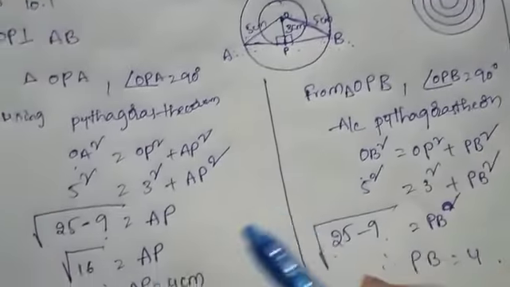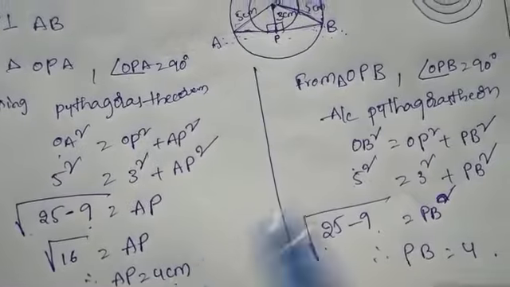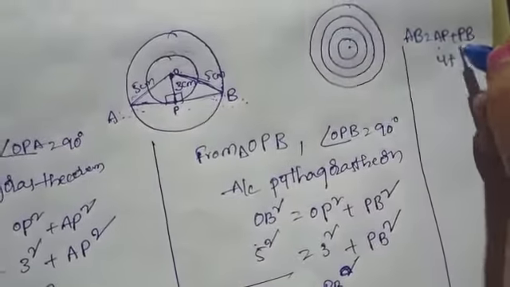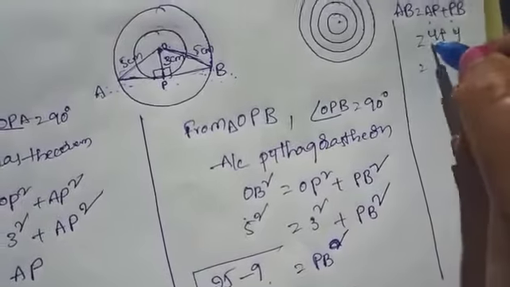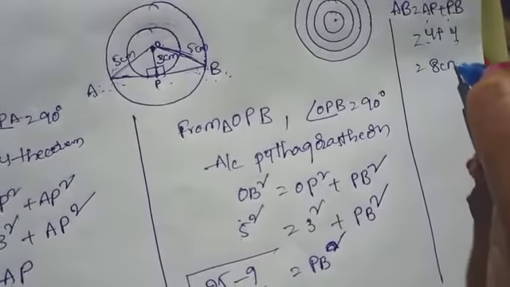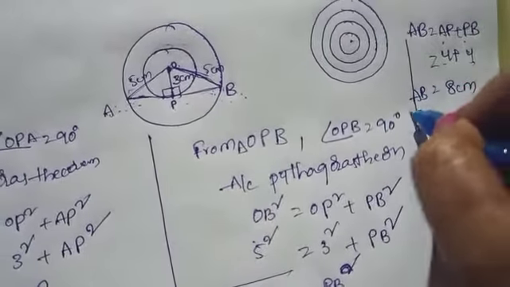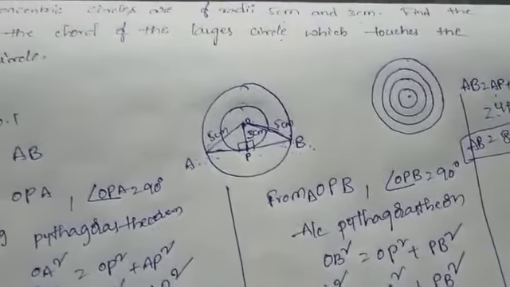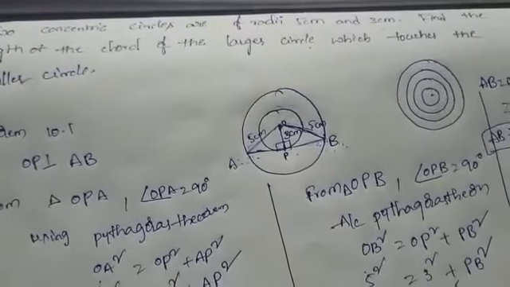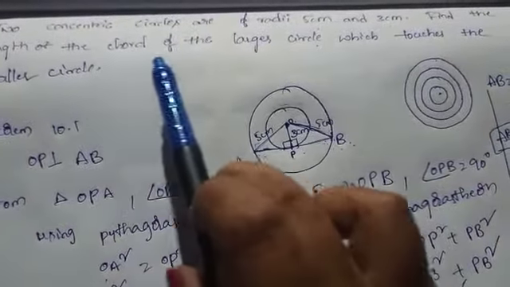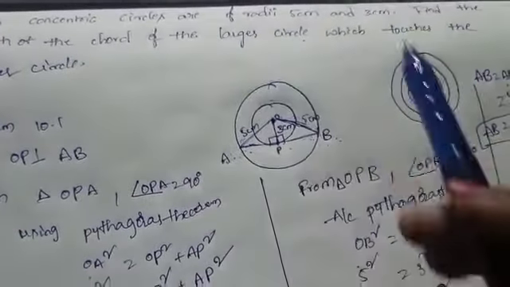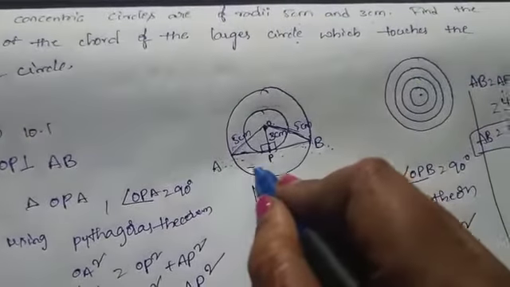Here we get AP equal to 4 centimeters and PB equal to 4 centimeters. 4 plus 4, 8 centimeters. Therefore, AB equal to 8 centimeters. Hence, the chord of the larger circle is 8 centimeters.